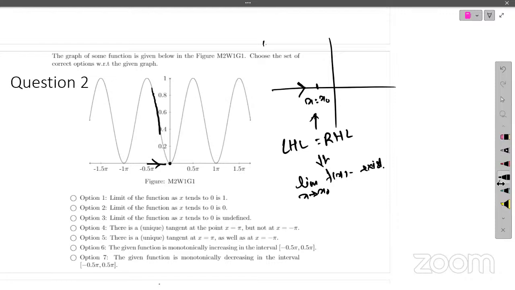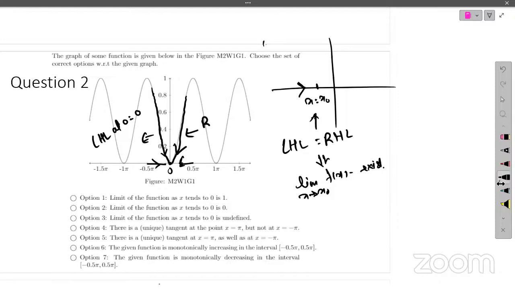So the left hand limit at x equals 0 is nothing but 0. And similarly, if you approach the point 0 from the right hand side, here also the graph is approaching 0, right?